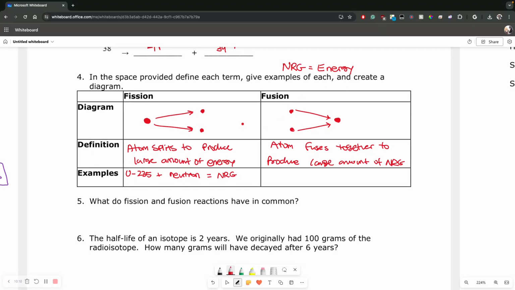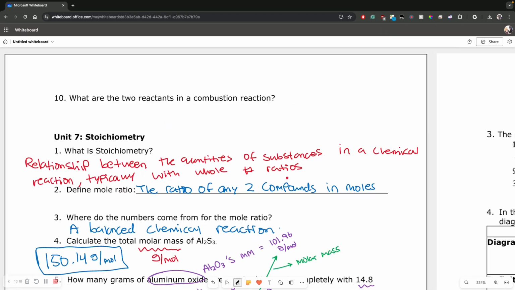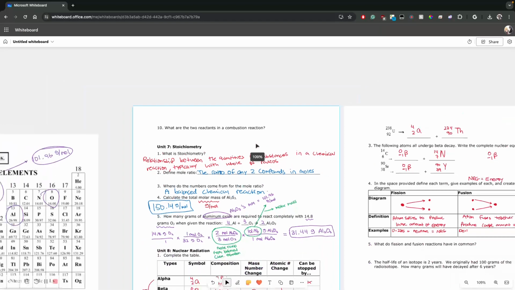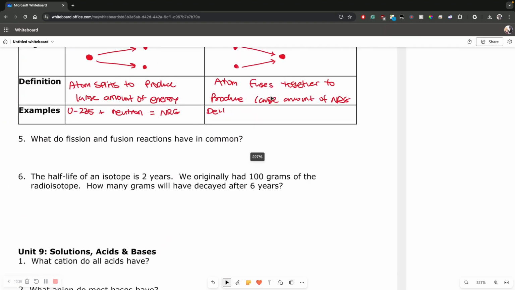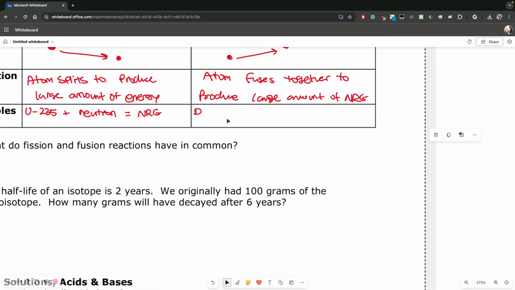And for fusion, you could do deuterium, an isotope of hydrogen, plus tritium gives you energy.